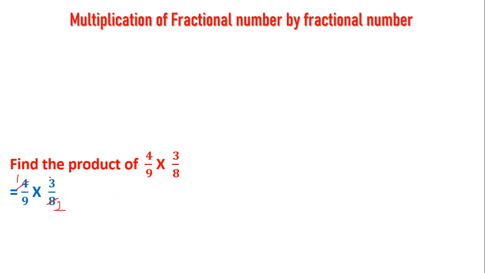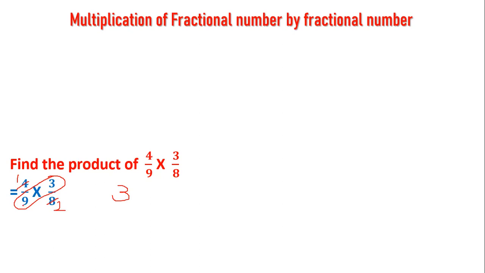The next step is to check the common factors of the numerator of the second fraction and the denominator of the first fraction. Clearly you will find that 3 is the common factor which divides this numerator 3 and denominator 9.